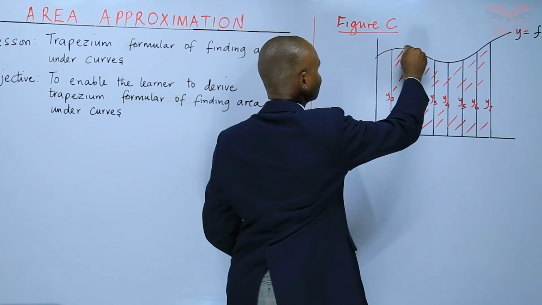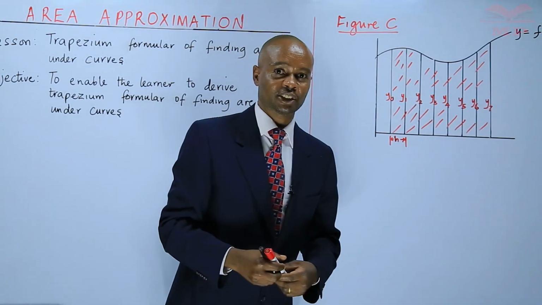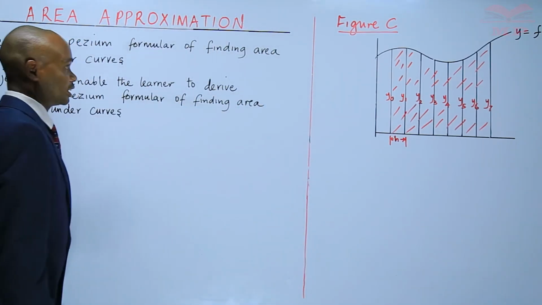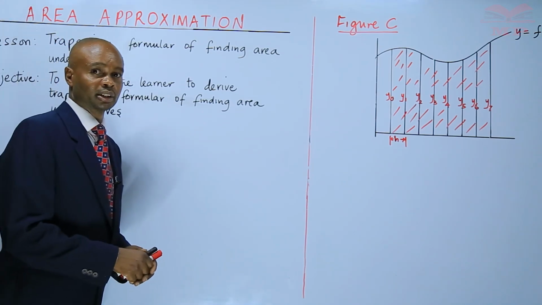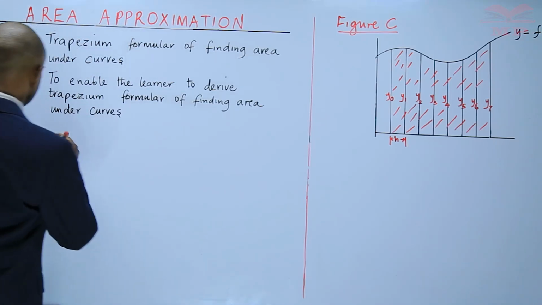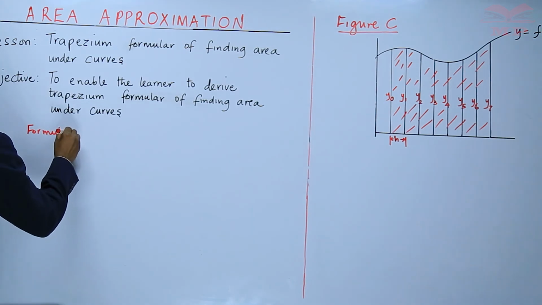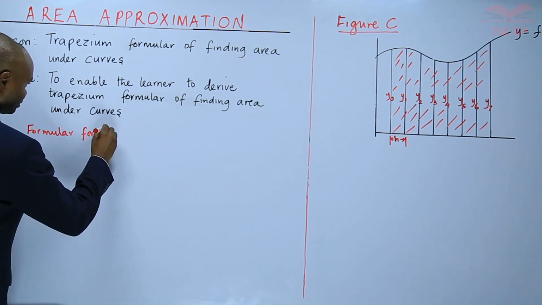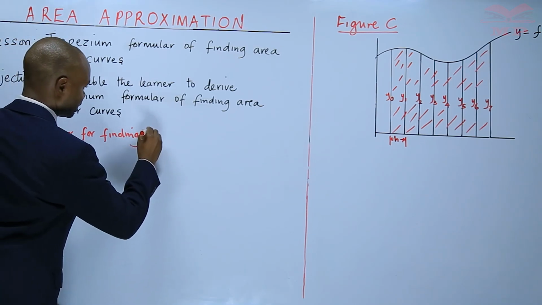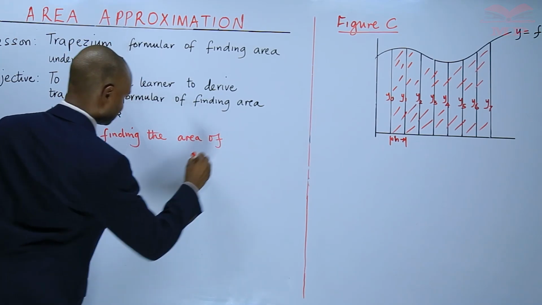If you look at the shape of the strips, they look like trapezia. They look like several trapezia. That's why we get interested in using the trapezium rule. Before we get there, we should first of all look at the formula for finding the area of a trapezium.